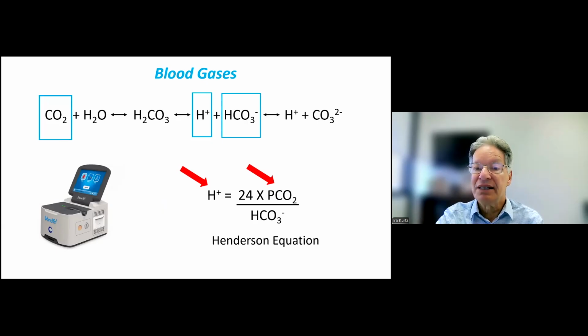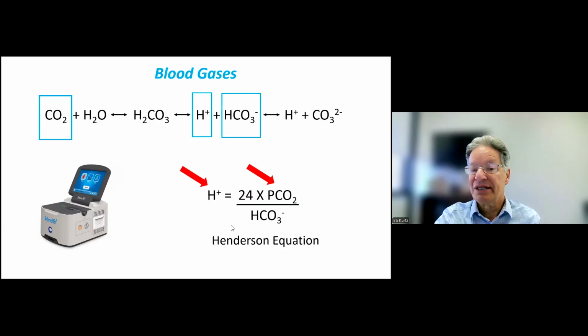However, the machine can calculate the bicarbonate because there's a relationship between the hydrogen ion concentration and the partial pressure of carbon dioxide and bicarbonate, which is called the Henderson equation. It's a non-log version of the Henderson-Hasselbalch equation, but conceptually it's the same thing, that there's a relationship between these three species, two of which we're measuring, so we can calculate the third.